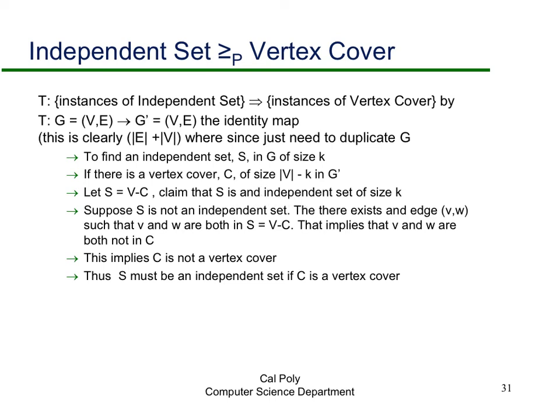So suppose S is not an independent set, then there must exist an edge VW such that V and W are both in S. And remember what S is, it's the vertices minus C, the complement of C. So that implies that V and W are both not in C. But that implies that C is not a vertex cover because there's an edge VW. So by contradiction, this implies that S must be an independent set if C is a vertex cover.